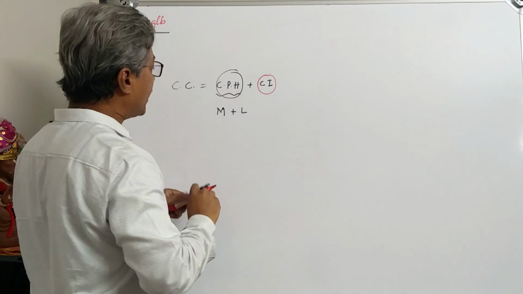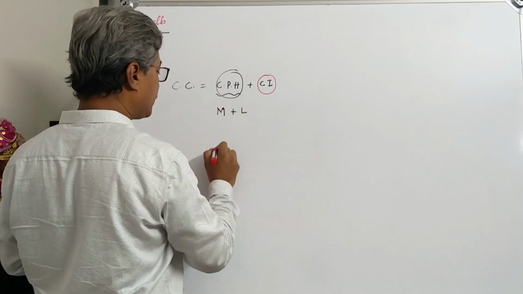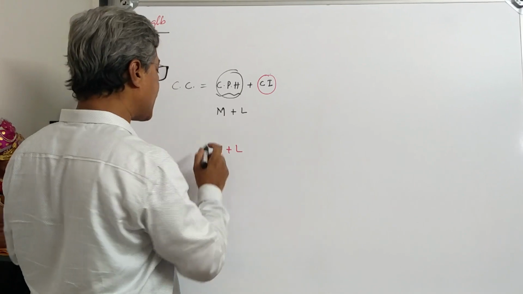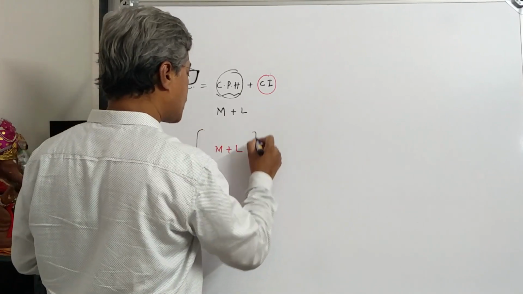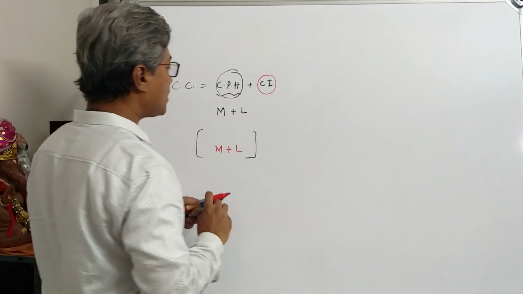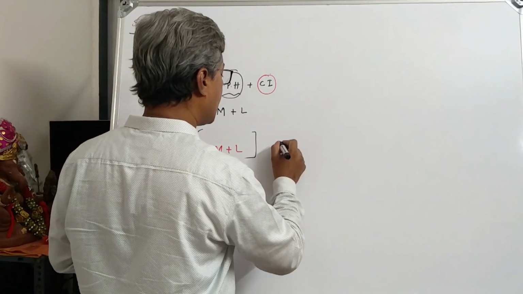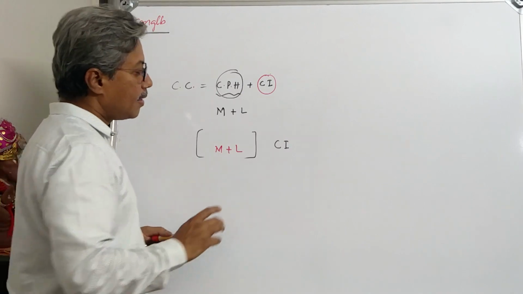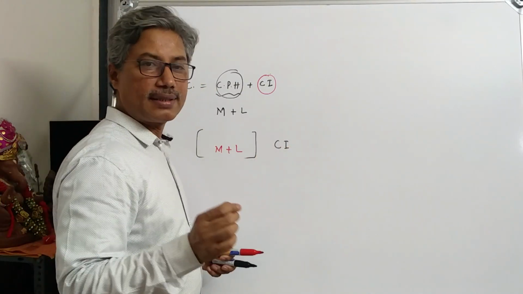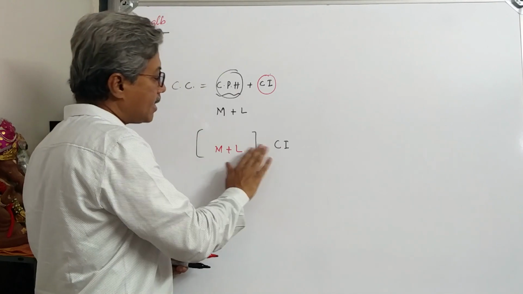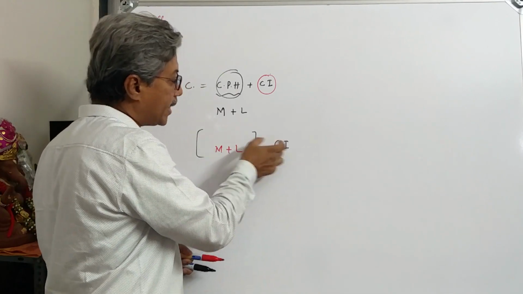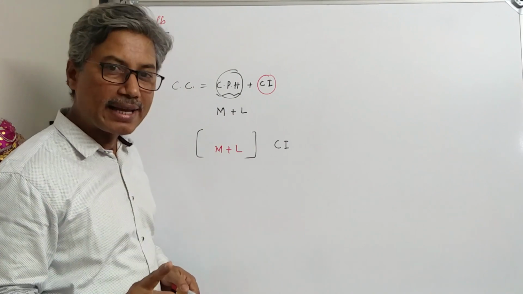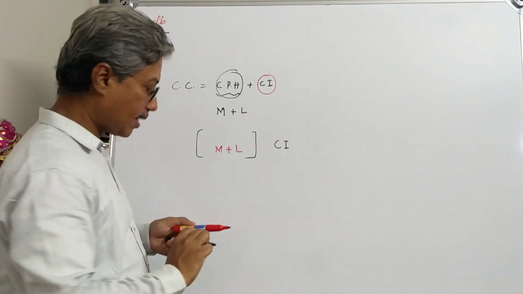Well, this coordination polyhedra, that is the combination of metal and the ligand, is written in square bracket, whereas counter ions are written outside the square bracket. Counter ion may be written either after the coordination polyhedra or before the coordination polyhedra, depending upon the charge it carries.